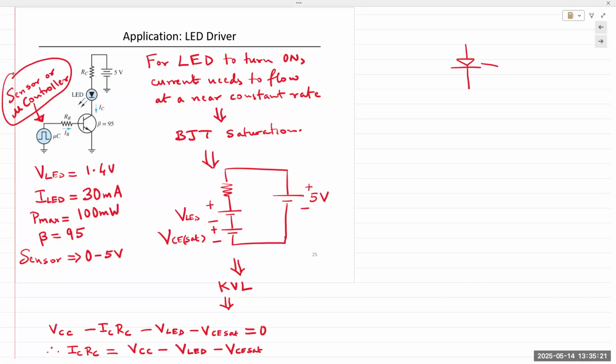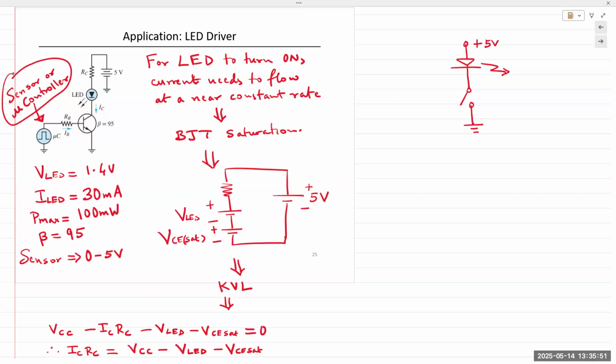There's an LED, and it is connected to a switch and to ground. You're applying plus 5 volts to that LED via a switch. If it's a push button switch, you push the button and it turns on. But in this case, it's not a manual push button. We are using a digital switch, which is the function that the BJT is performing.